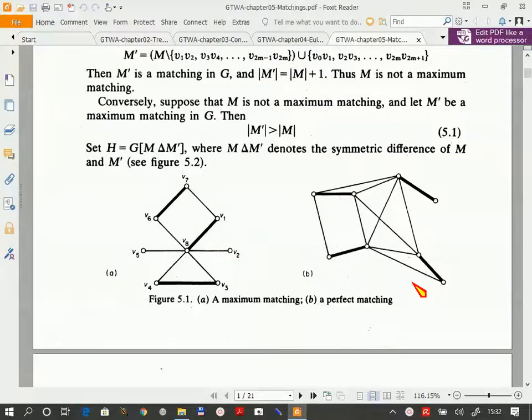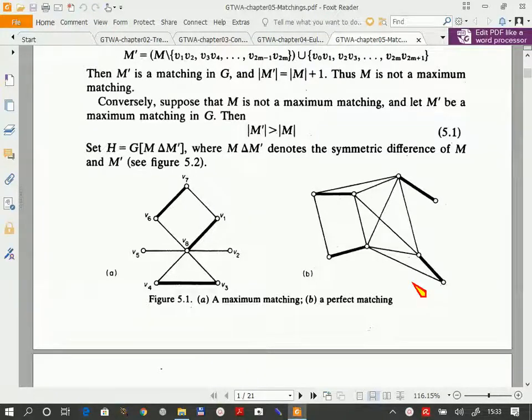I cannot add this, not this, not this, not this, not this, not this, not this, not this, and not this, because all of them have at least one end in common with a red edge, okay? So this is maximal, in the sense there is no other matching containing it.